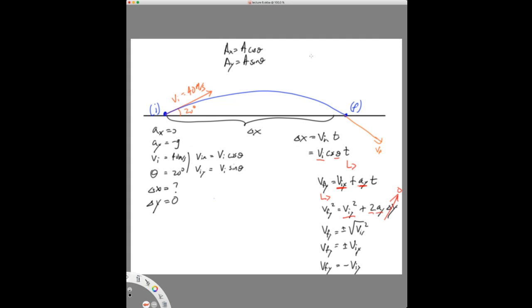But the way I remember it is I think about a vector in the first quadrant. A. And then, you know, AX and AY would be here. And the AX is adjacent to the angle. And because it's adjacent, that's what reminds me that it's the cosine. And the AY is opposite, that's what reminds me it's the sine.